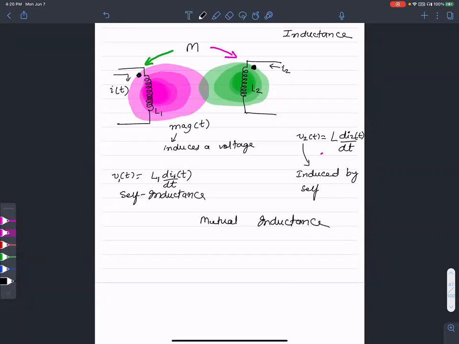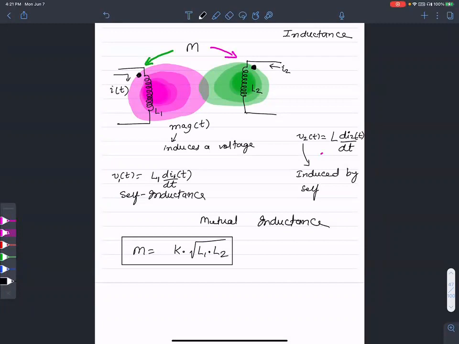So there are two kinds of voltages: one voltage coming from the inductor itself, and the other voltage coming from the neighboring inductor. And then there are some formulas, where the mutual inductance M equals some coupling factor K times the square root of L1 multiplied by L2, and so on and so forth.